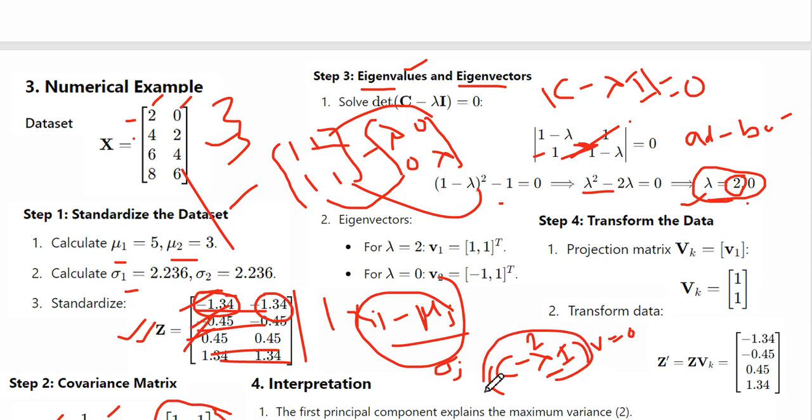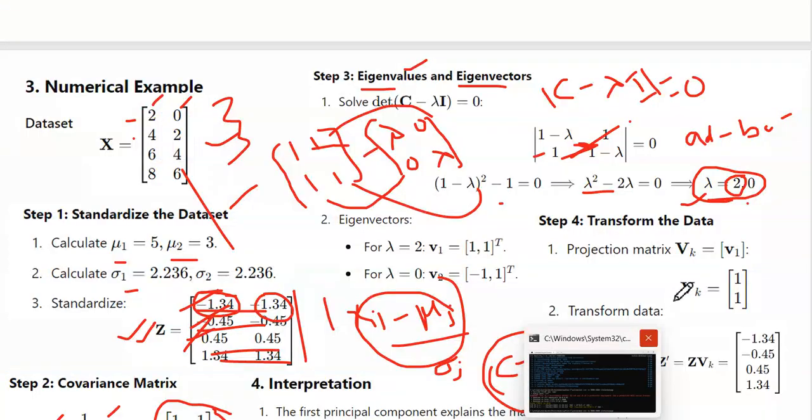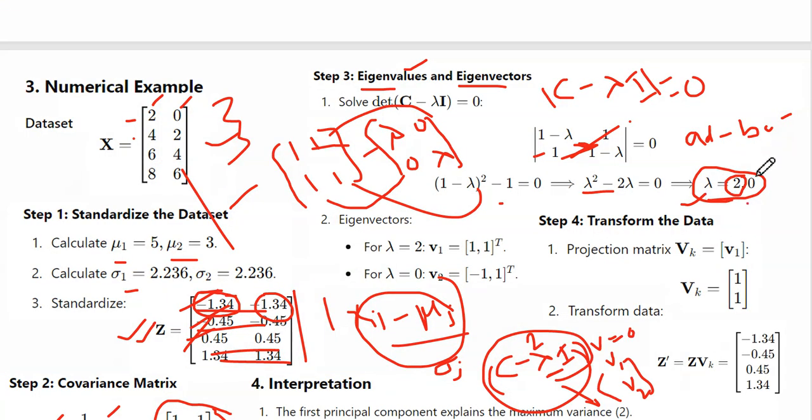Then we get a matrix. What is the V here? Vector. We have V1 and V2. We multiply these two and get one equation. Like that, lambda equal to 0 we have to keep. Substitute lambda equal to 0, then the vector V1 comma V2 gives another equation.